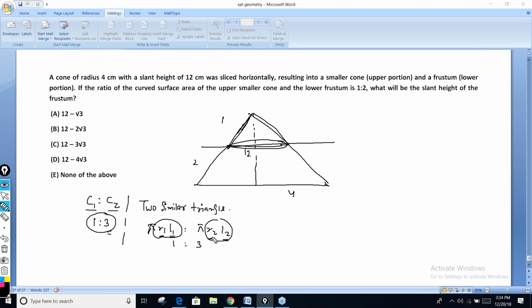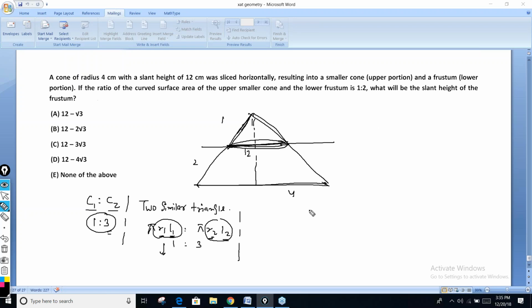That will be in the ratio of 1 to 3, right? Radius is squared, I can take it.